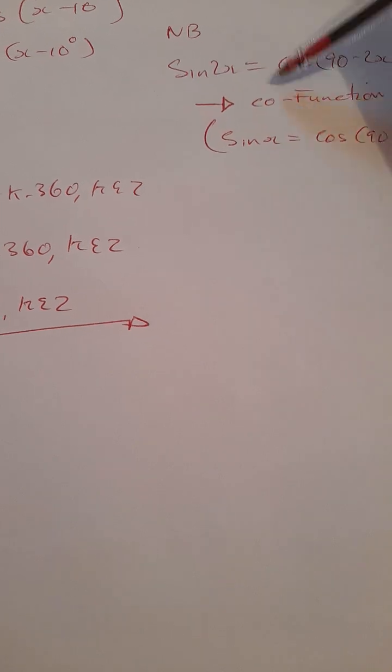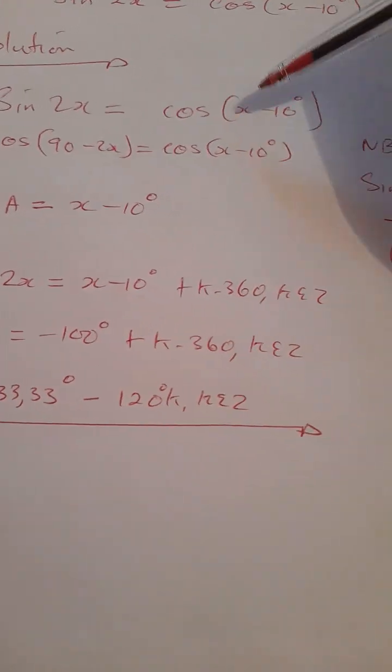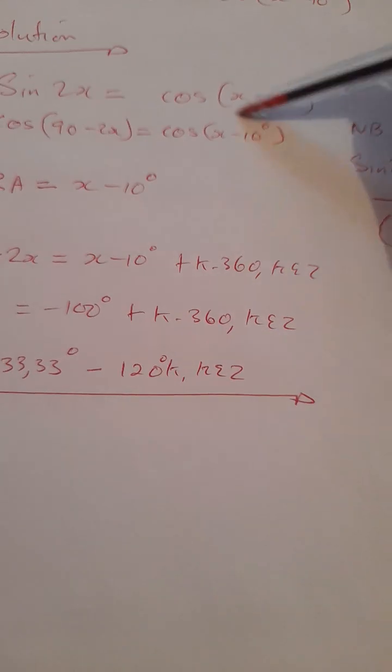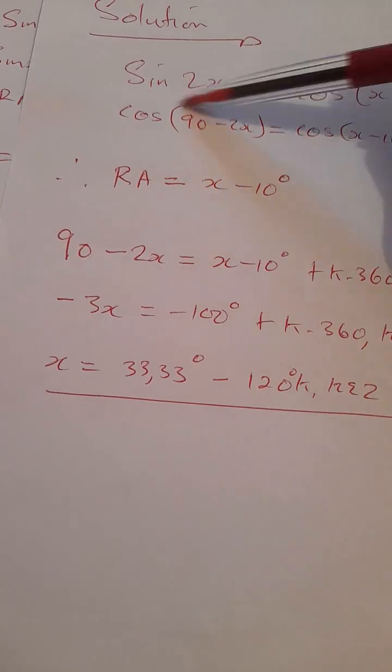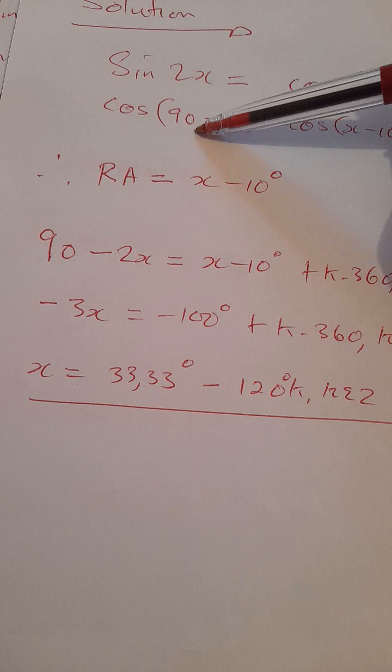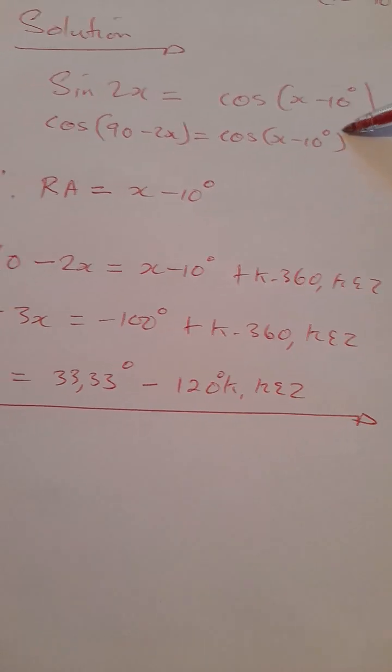So sine 2x is the same as cos of 90 minus 2x. Now why am I changing sine instead of cos? Since I have cos of x minus 10 degrees, I'm going to use this one as my reference angle. So I have to change the sine so that I can have cos. So it's cos of 90 minus 2x is equal to cos of x minus 10 degrees.